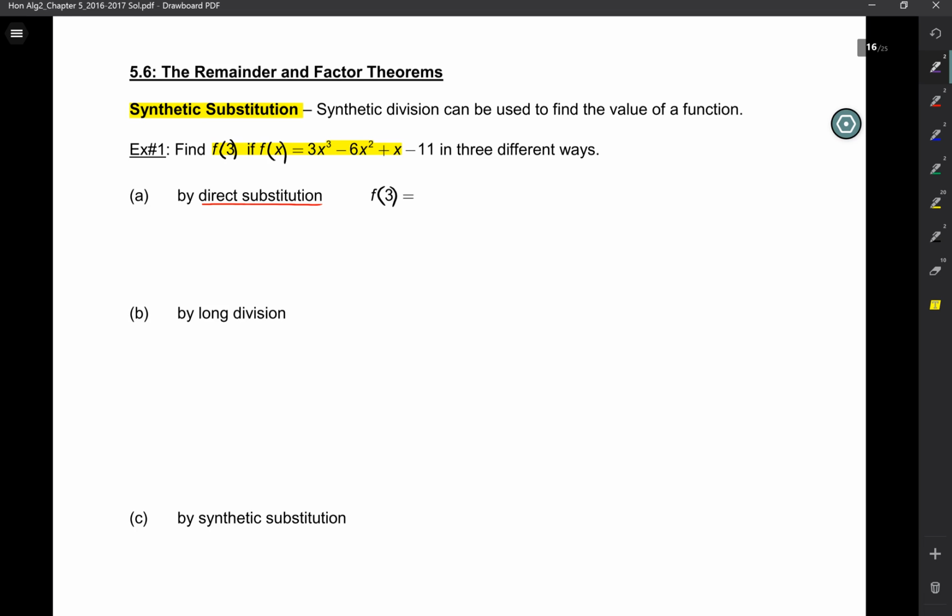Okay? So here we're going to have 3 times 3 cubed minus 6 times 9 plus 3 minus 11. And at the end of the day, f of 3 ends up being what? 19. Okay, f of 3 is 19.